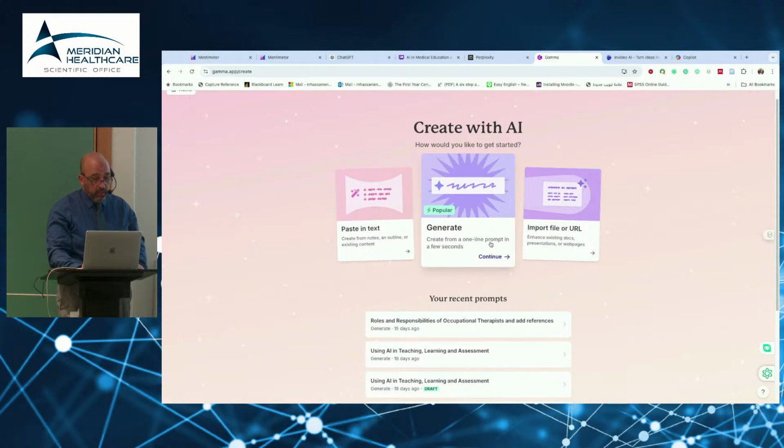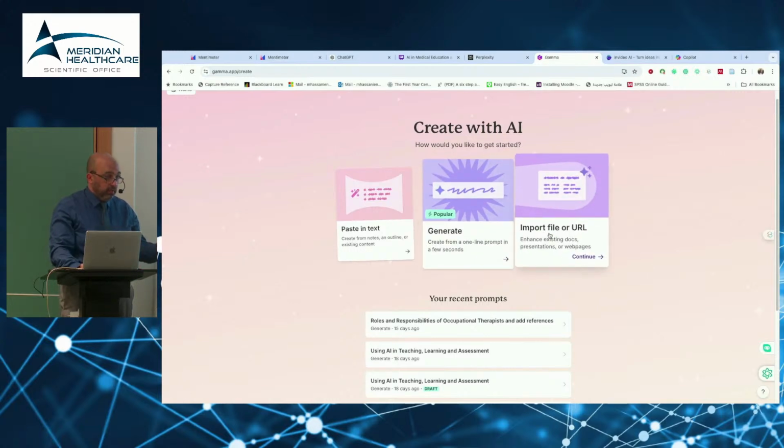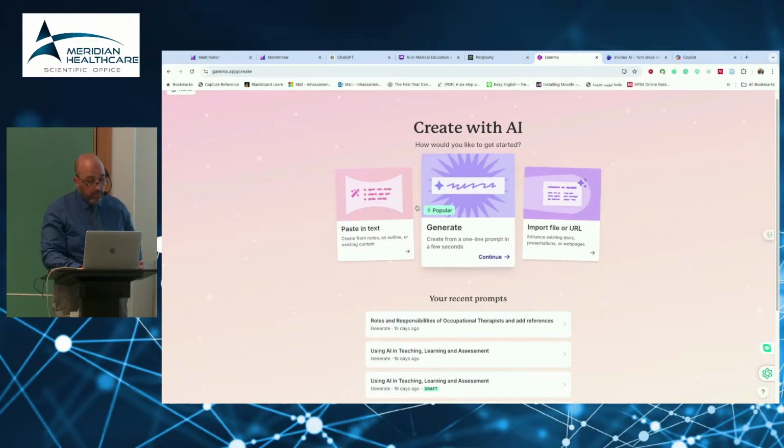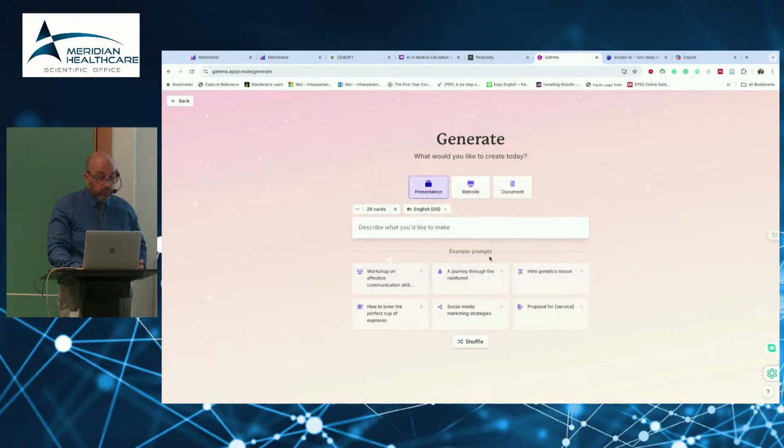Or you can import a file, PDF or Word file, and ask it to convert it to a PowerPoint. Or you just write the prompt and ask it what you need from this topic to be in the form of a presentation, and it can even convert it to a website.